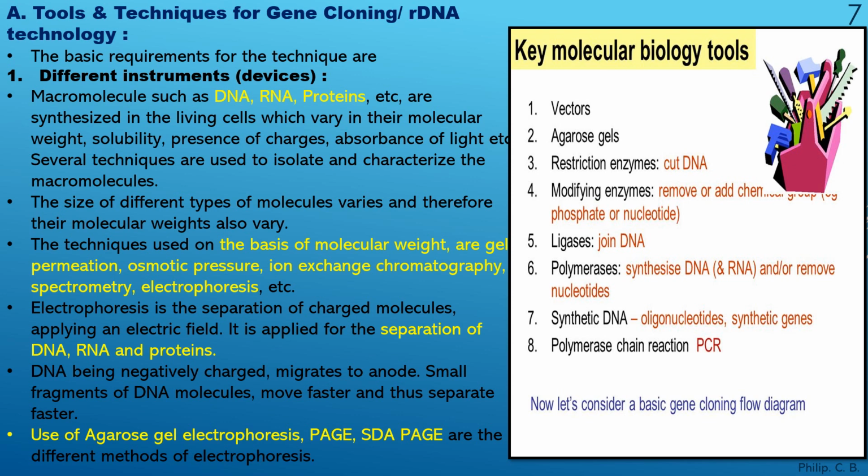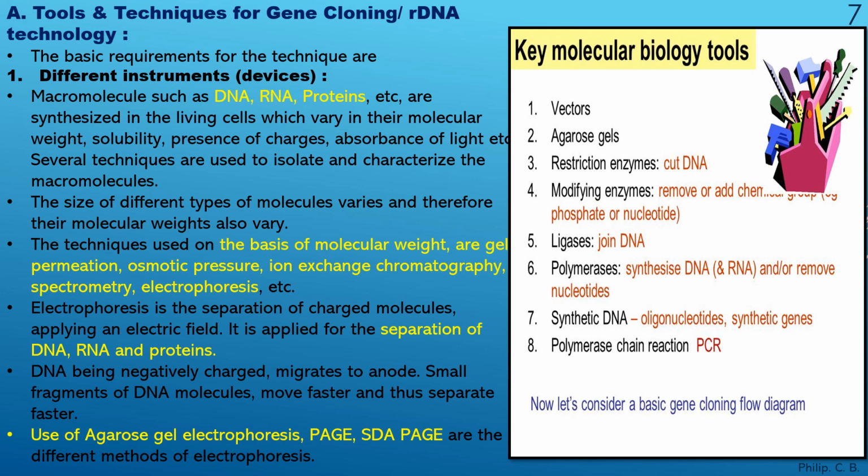Further, electrophoresis, what is that? It's a separation of charged molecules by applying an electric field. It is applied for separation of DNA, RNA and proteins. Now with this you could understand very easily electrophoresis, that is, it helps to separate the required DNA, RNA or the proteins. Further, DNA being negatively charged migrates to the anode.